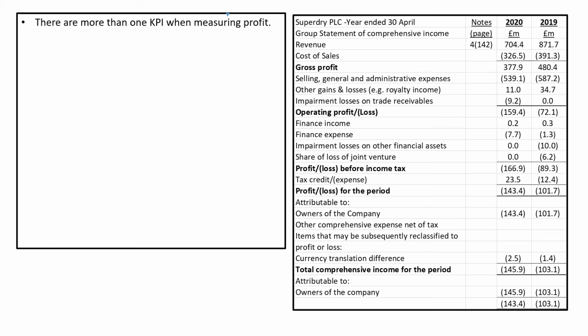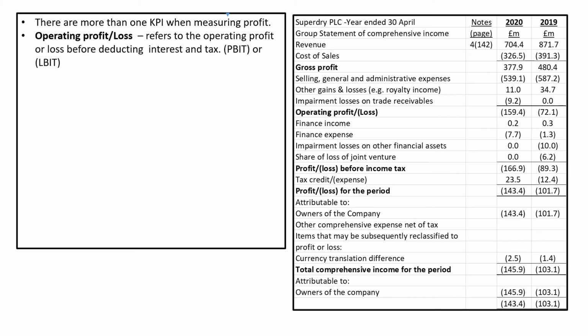There is more than one KPI when measuring profit. Operating profit or loss refers to the profit or loss before deducting interest and tax, sometimes called PBIT, or in the case of a loss, LBIT.